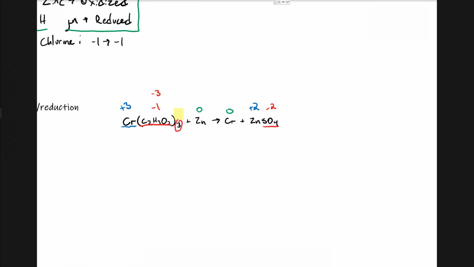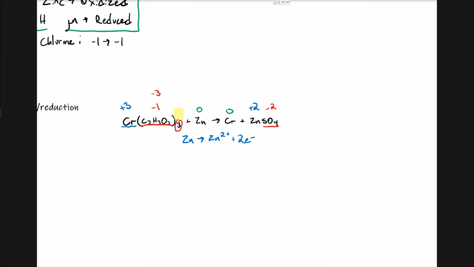So let's go ahead and write out these half reactions so that we can get a better idea of what's going on. We know that the zinc on the left side of the equation was just by itself, so we don't have to do anything else. We just say that zinc goes to zinc 2 positive, and that means that it lost electrons. So we have zinc goes to zinc 2 positive plus 2 electrons.